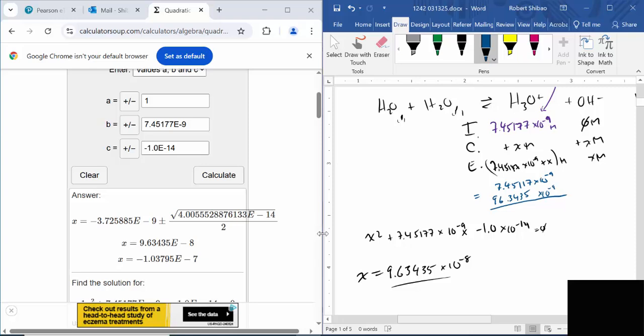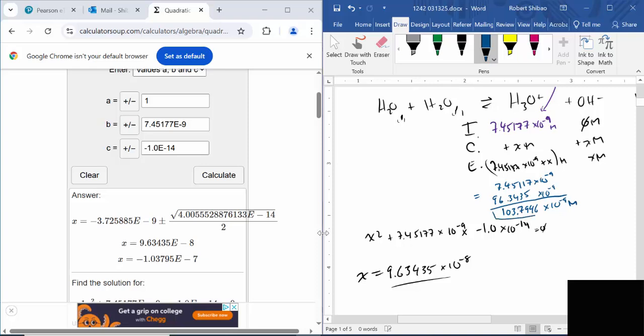And so what does this come out to? Actually, I'm going to punch this in my calculator. 7.45117 plus 96.3435 is 103.7946 times 10 to the minus 9 molar hydronium.